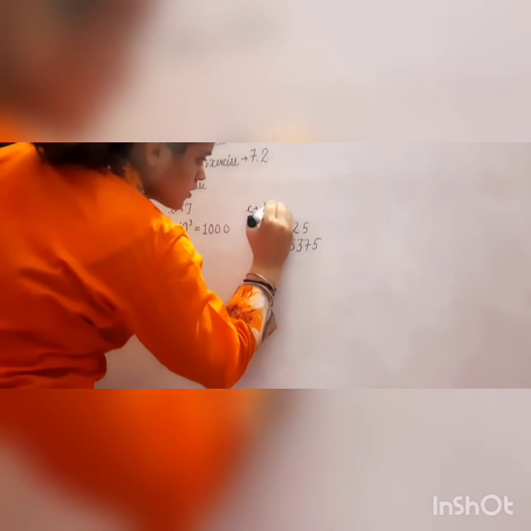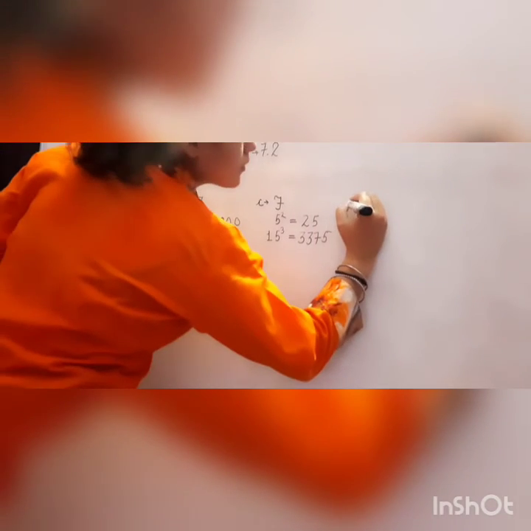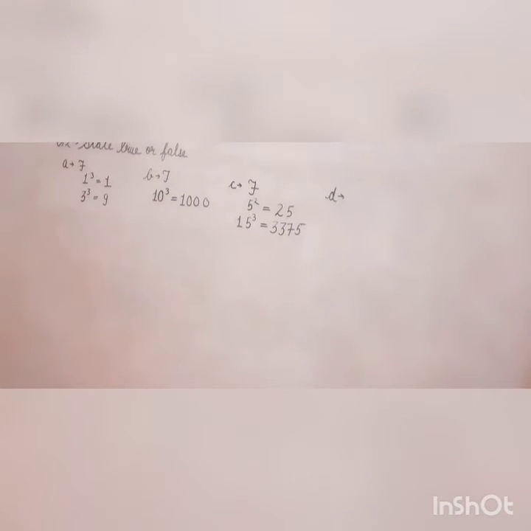Okay class. Now the fourth part: there is no perfect cube which ends with 8. This statement is false. Why is it false?